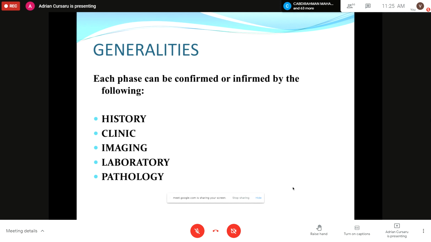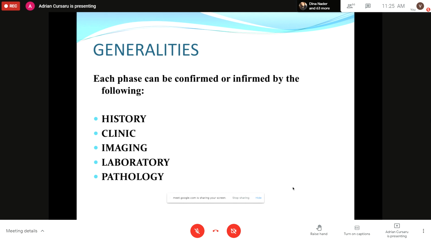When we are talking with our patients, it is very important to know the history of the patient and the clinical presentation, to ask for imaging, whether it's MRI, CT, or X-rays, to do laboratory tests and some specific investigations, and then the anatomopathology diagnosis.